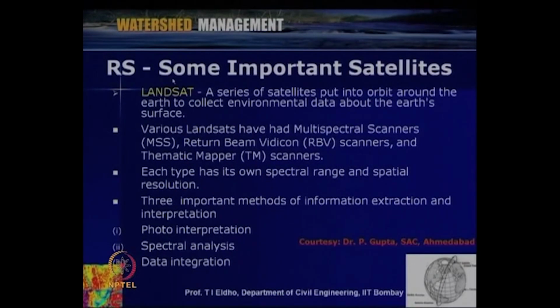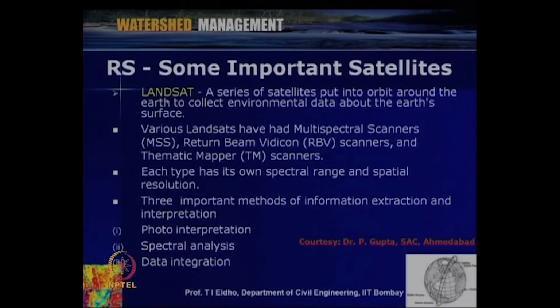One of the major sets of satellites which we use for remote sensing is the Landsat satellites. A series of satellites put into orbit around the earth to collect environmental data about the earth's surface are called Landsat satellites.